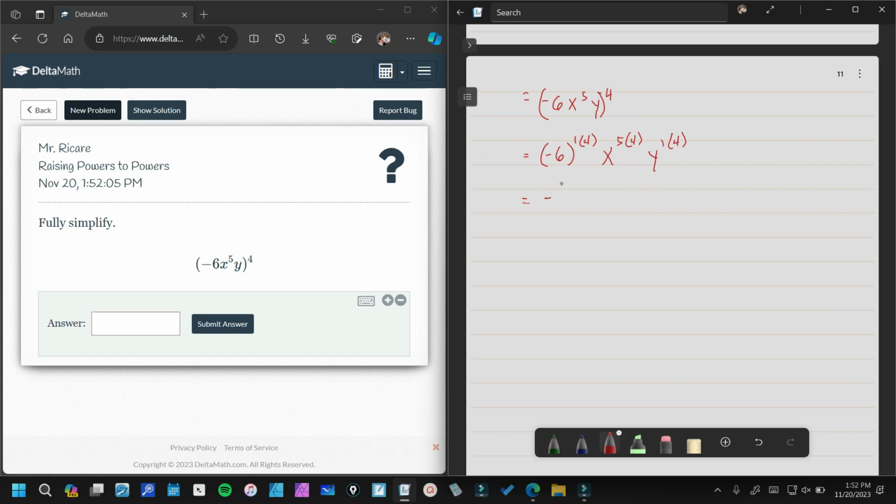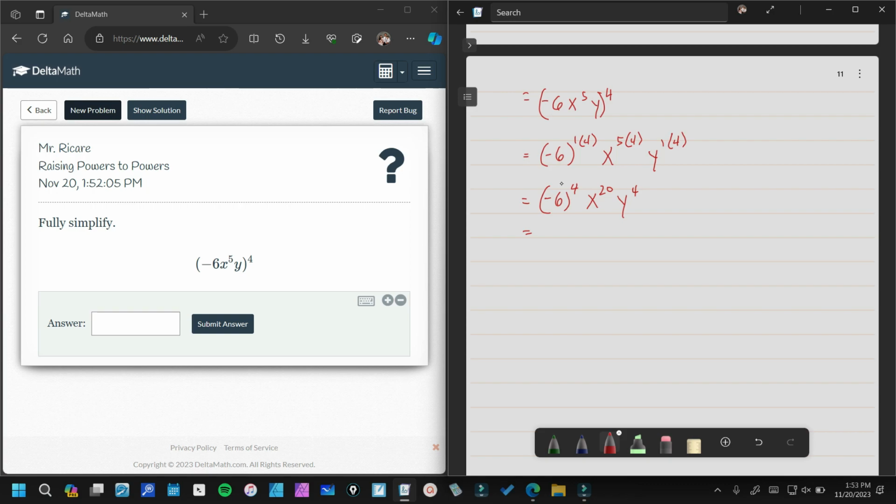So negative 6 raised to 4, x raised to 20, y raised to 4. So our final answer here is negative 6 raised to 4, which is equal to what?